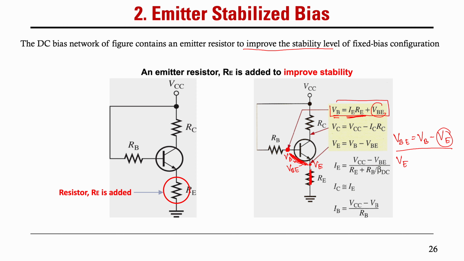We just rearrange this equation: VE is equal to VB minus VBE. So these are the 3 important equations that you need to know.